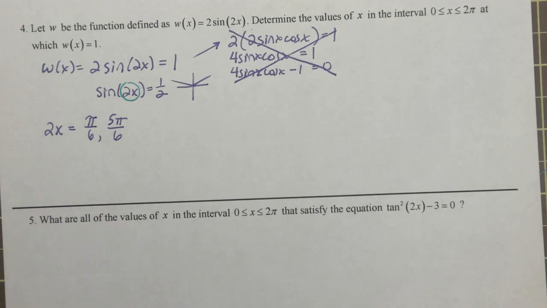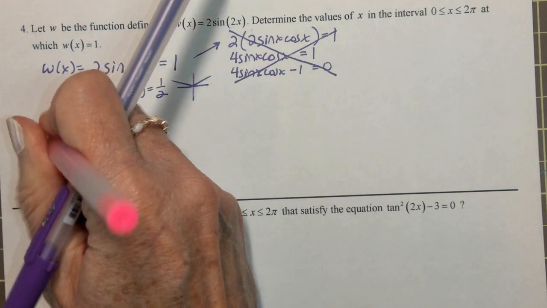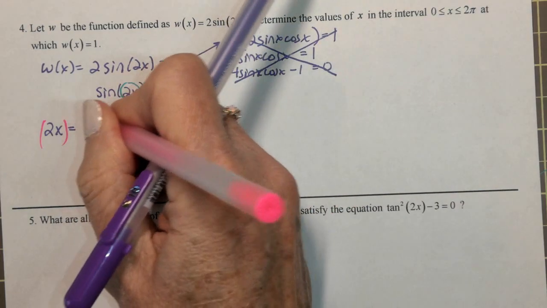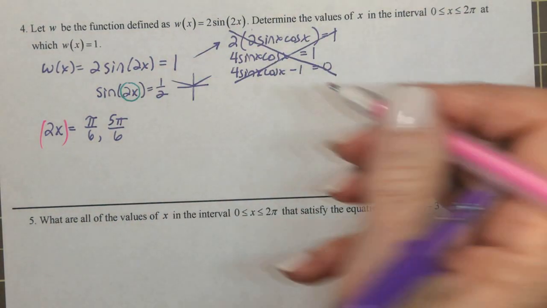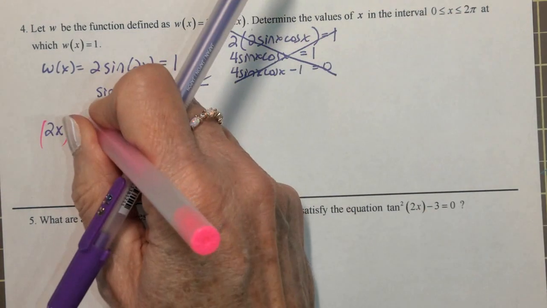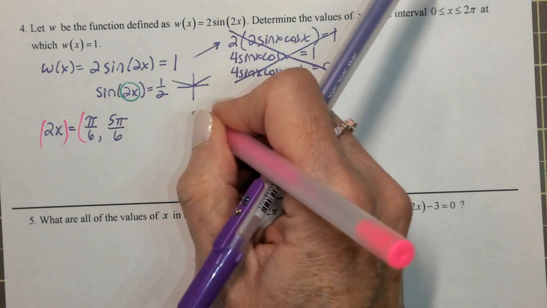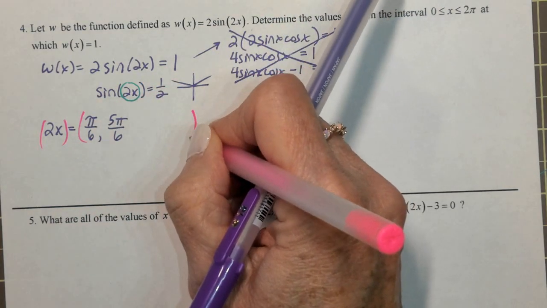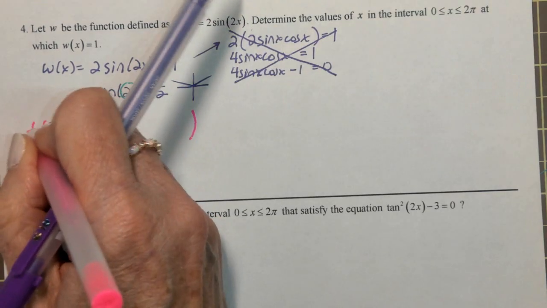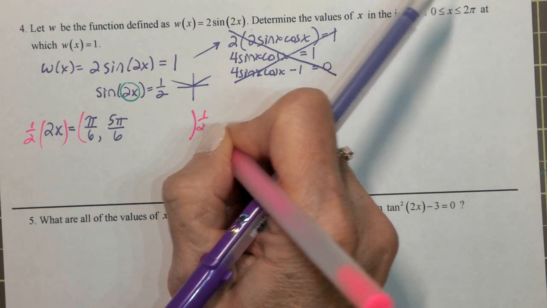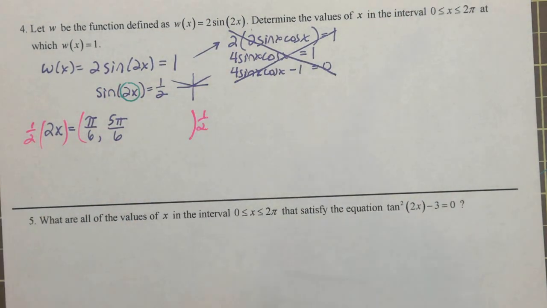If I multiply both sides by a half, I'm going to show you something here. However, I know what's coming, so I'm going to put a parentheses here and a parentheses way over here. And I'm going to multiply both sides by a half. I'm doing that for a reason, you'll see in a sec.